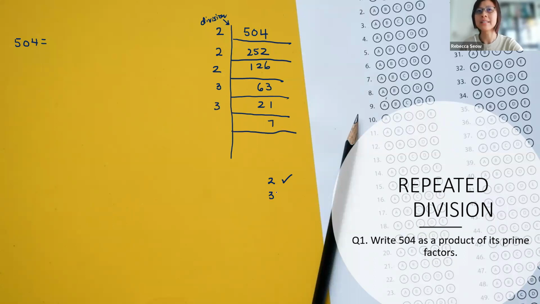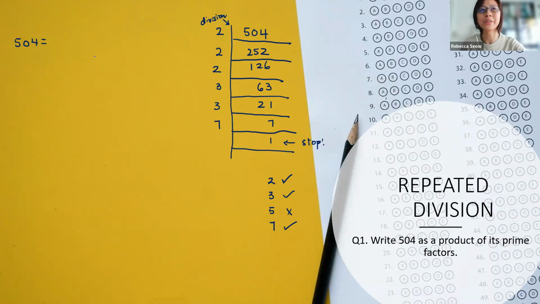Okay, now 3 is out. We move on to the next factor, 5. Cannot. 5 is out because when you divide 7 by 5, we have a remainder. So after 5, the next prime factor would be 7. Yes, 7 can be divided by 7 and we'll be left with 1. At this point, when the row is left with 1, that's where we stop.